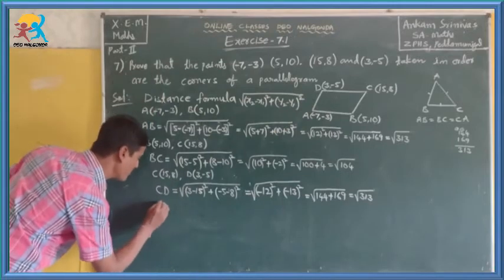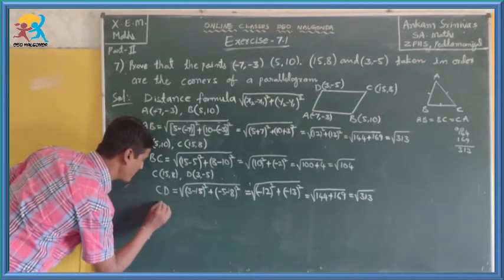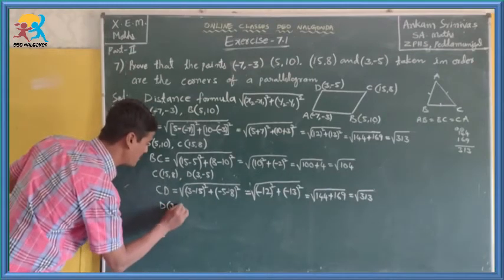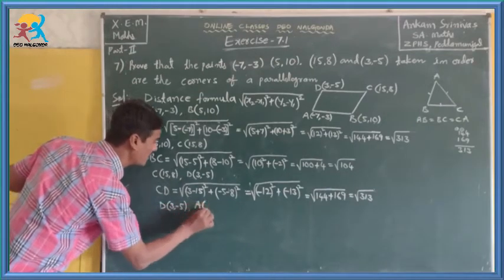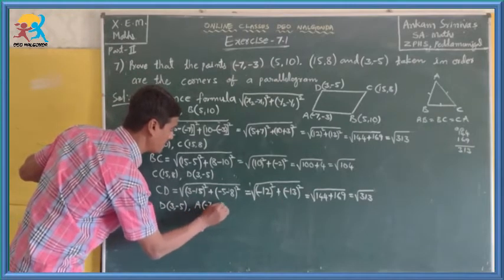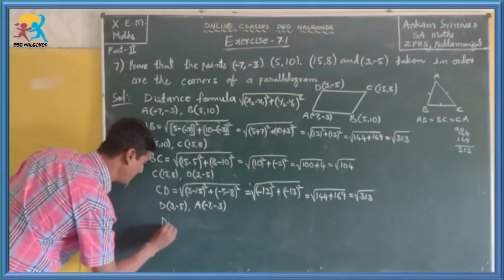What is the DA? D is (3, minus 5), A is (minus 7, minus 3). Find the length of DA.